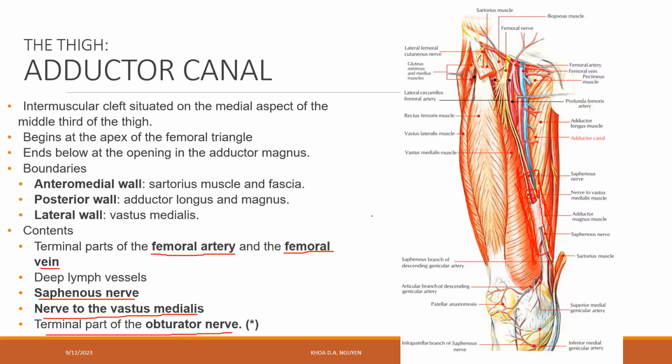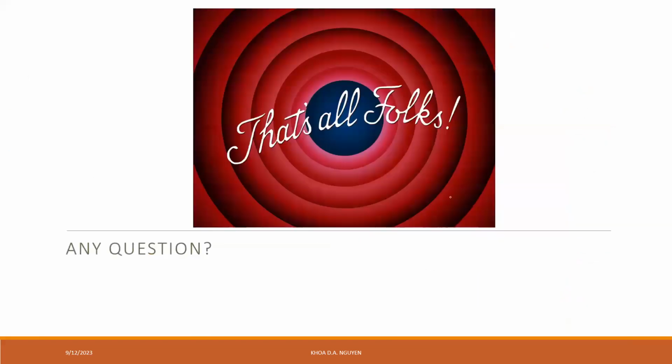Therefore, when the femoral artery and the femoral vein become the popliteal artery and popliteal vein on the posterior side of the knee as they travel through here and down here, the mnemonic from superficial to deep is not going to be NAV anymore. No, sir. It's going to be NVA because these two have switched places. And therefore, it is a very important thing that you remember that the femoral artery and the femoral vein switch places within this adductor canal.